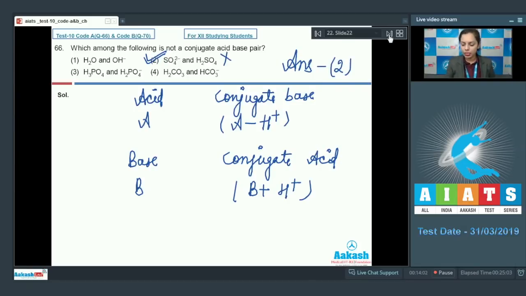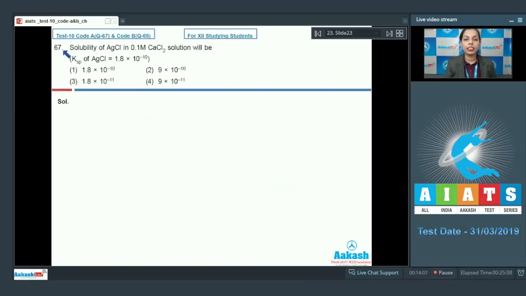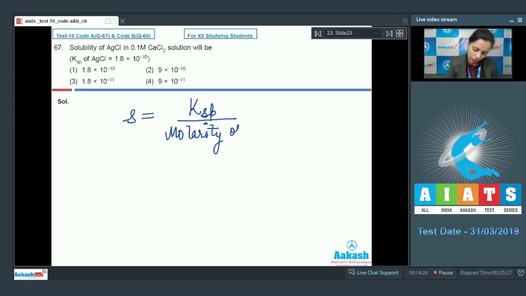After that, there's another question. Question number 67. Solubility of AgCl in 0.1 molar CaCl2 solution will be. You should always know that solubility is equal to the Ksp value divided by the molarity of common ion.